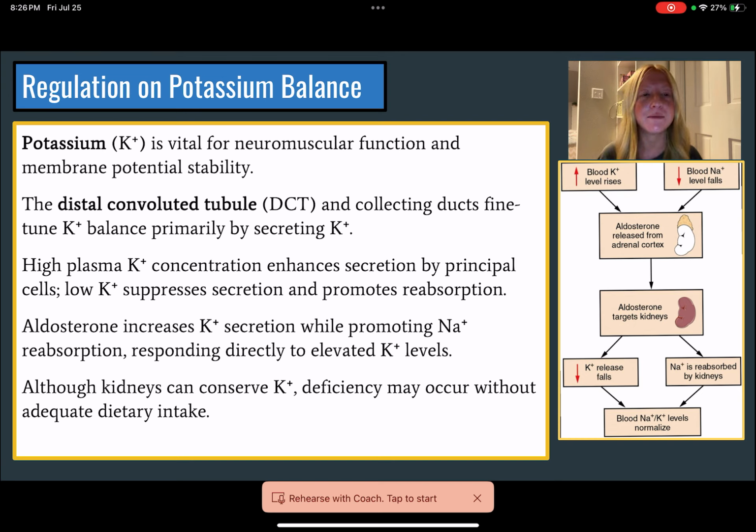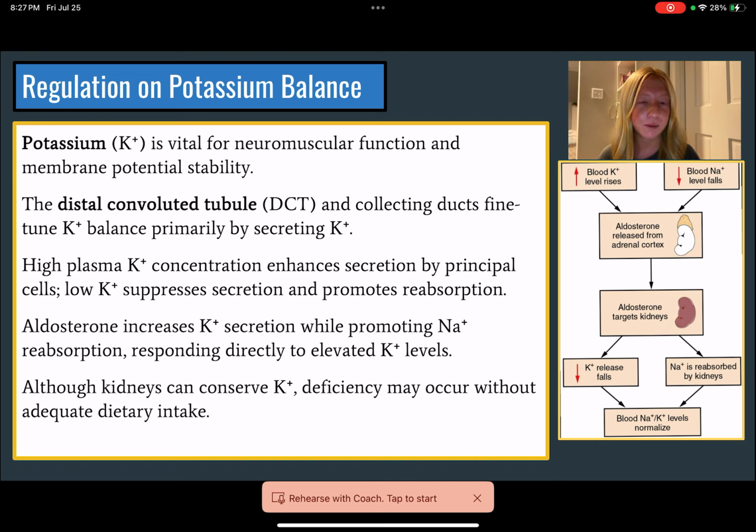Regulation of potassium balance. Potassium is vital for neuromuscular function and membrane potential stability. The distal convoluted tubule and collecting ducts fine-tune potassium balance primarily by secreting potassium. High plasma potassium concentration enhances secretion by principal cells.